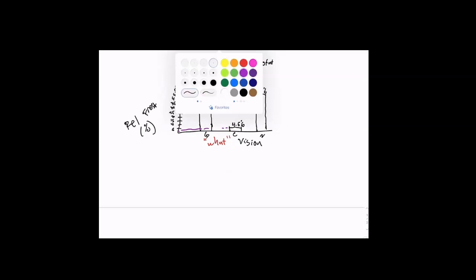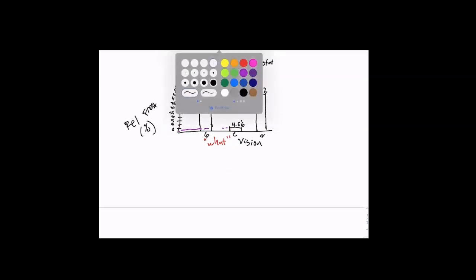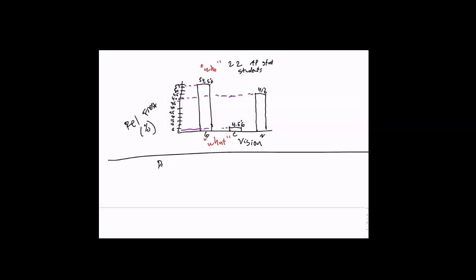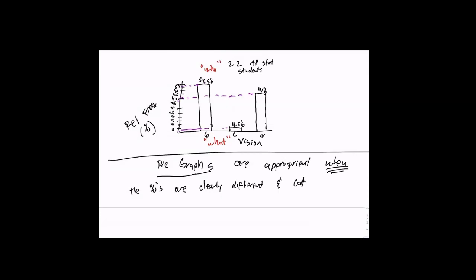Okay. So finally, the last thing I just wanted to point out is that pie graphs are appropriate when the percentages are clearly different, and of course we have categorical data.